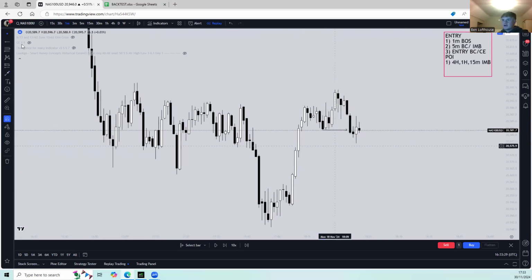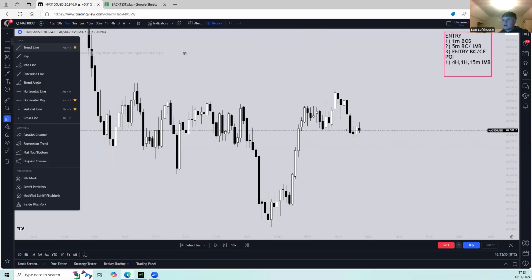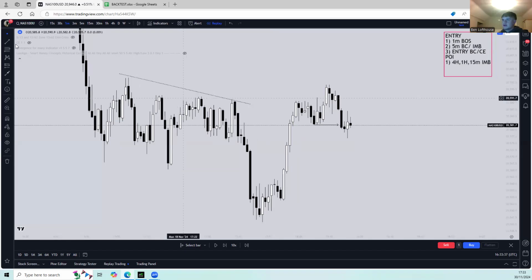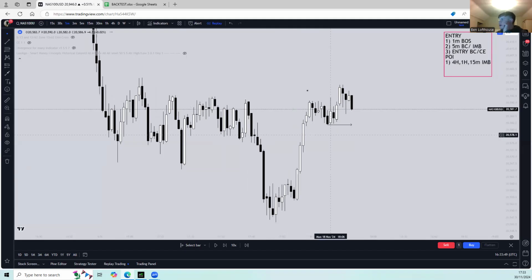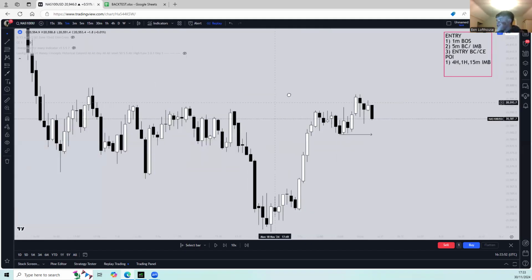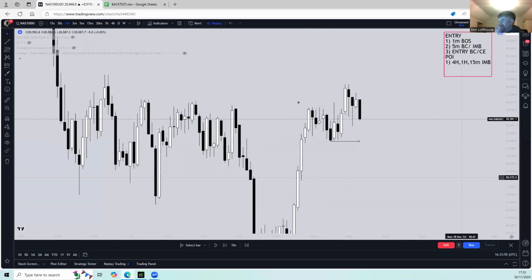So what I can see here is we've swept the trend line, taken out liquidity. There's also equal highs. So it swept the liquidity for the sell side. Went a bit too quick there, because look at this schematic here.